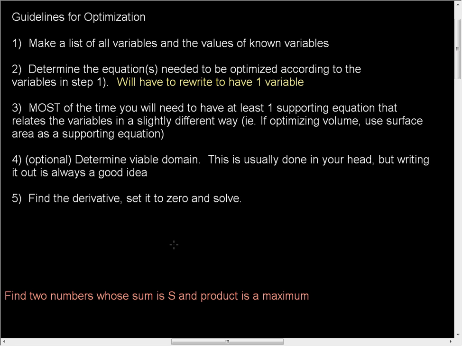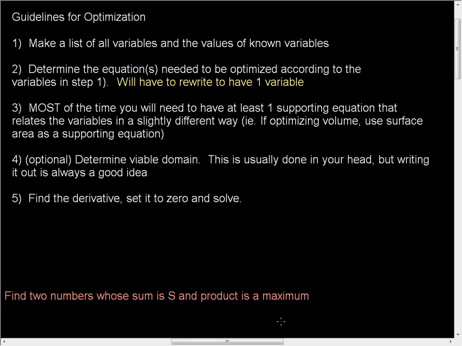We're talking about optimization. Optimization is typically one of those things where you have a set amount of something, but you want another attribute to be a maximum or a minimum. So for example, I'm looking for two numbers whose sum is S. So it has to have a sum of some sort. And the product is a maximum.